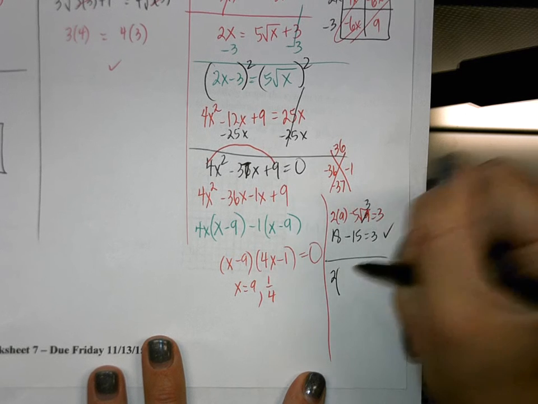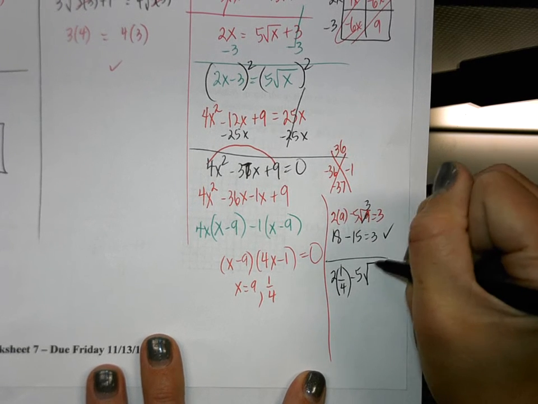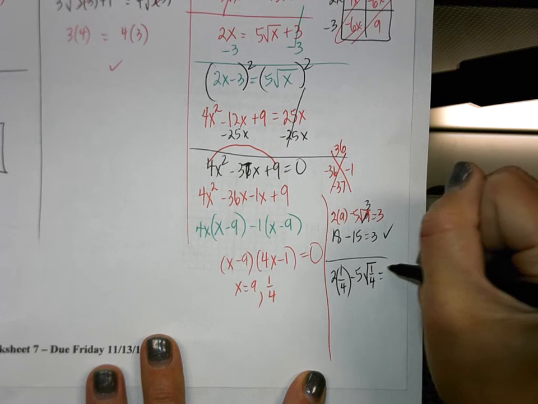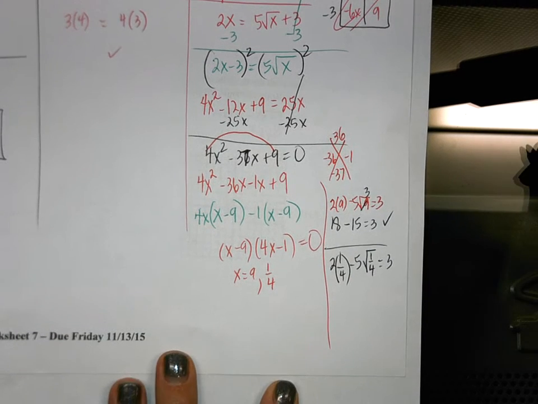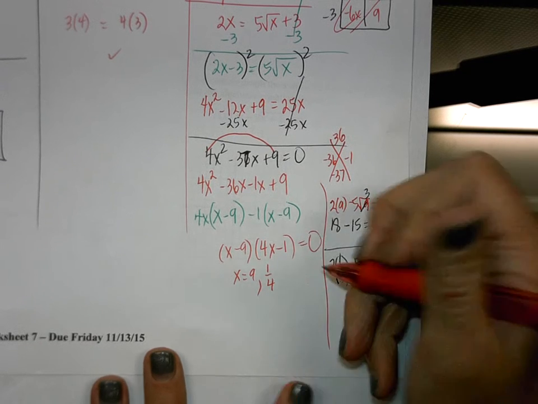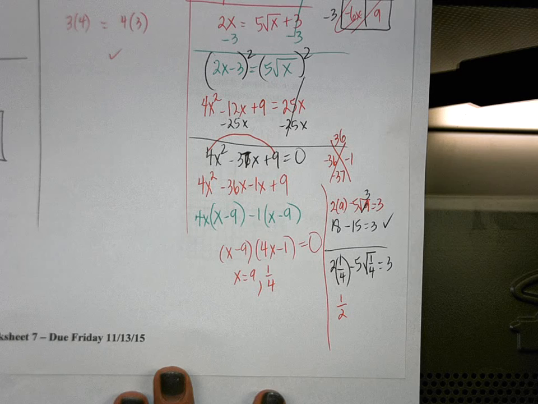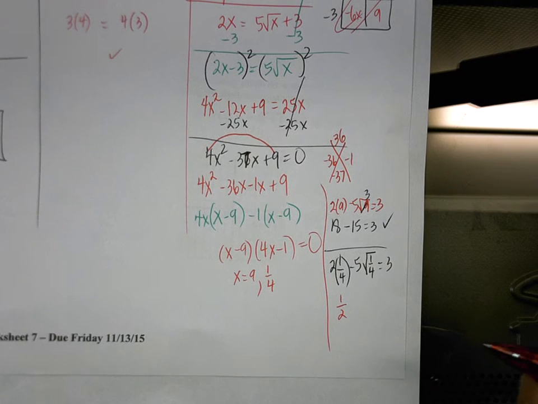So 2 times 1/4 minus 5 root 1/4 equals 3. So 2 times 1/4, do you guys know what that reduces to? 0.5 or a half. Do you guys know what the square root of 1/4 is? 1/2, because the square root of 1 is 1, the square root of 4 is 2.